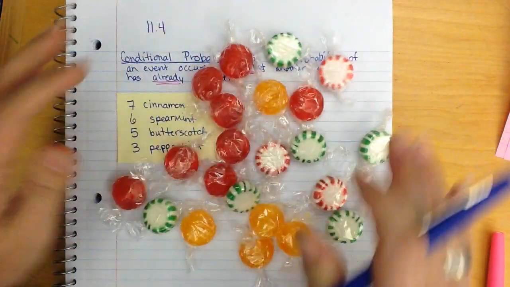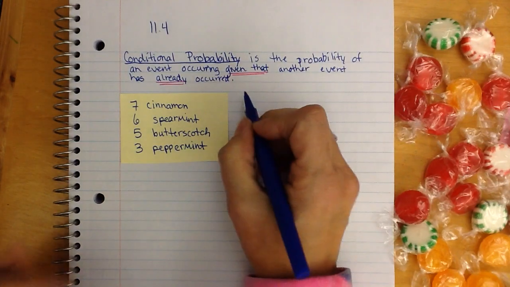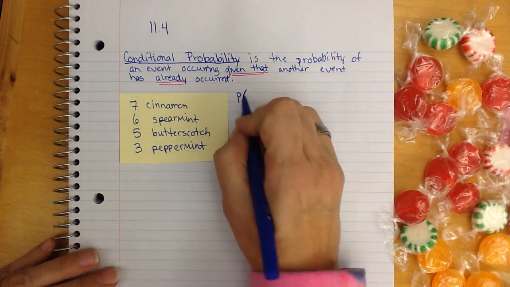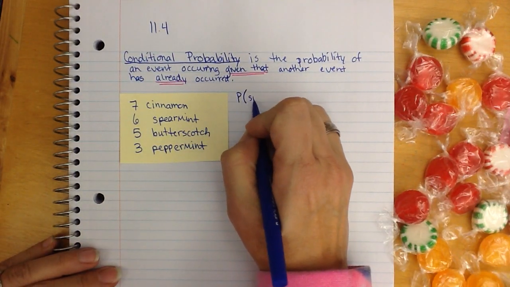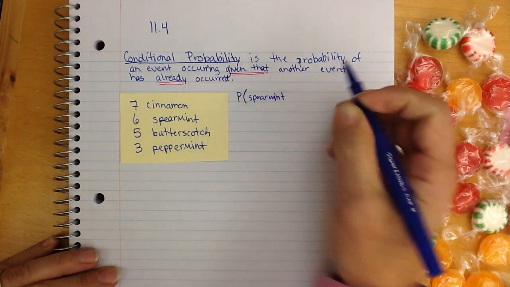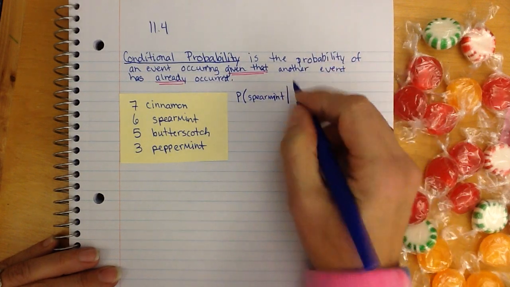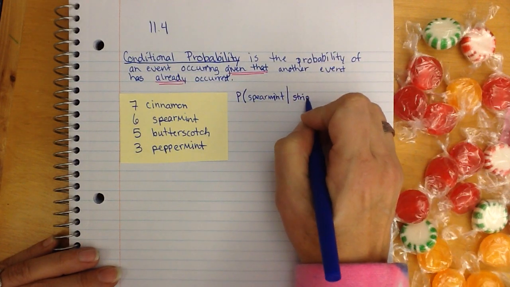So the event that's happening is that I want to know the probability that my candy is spearmint given that my candy is striped.